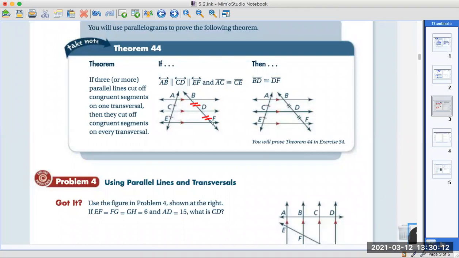Not to this one, but to itself. You see, but this has to be true, that these two must be congruent. Then if I draw any more, they'll also have equal parts.